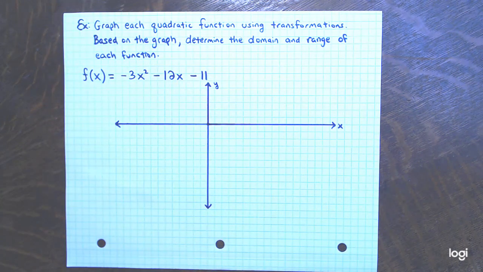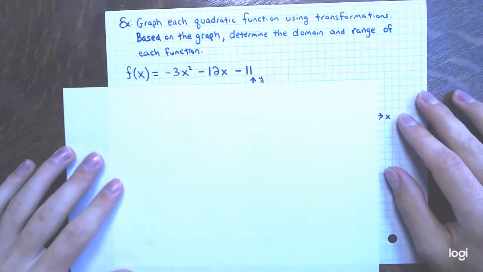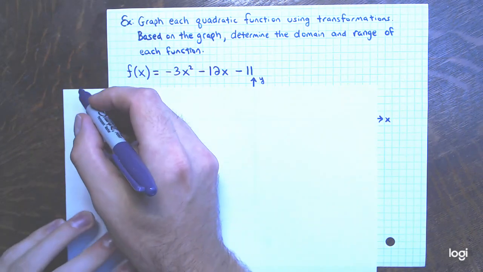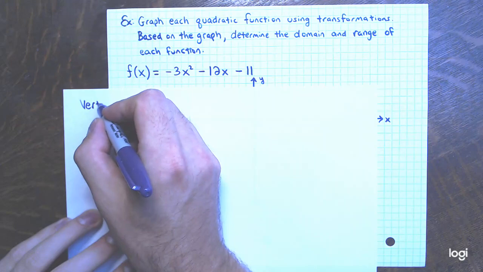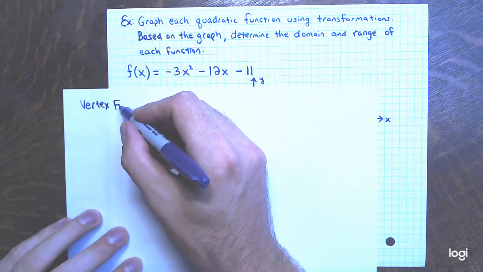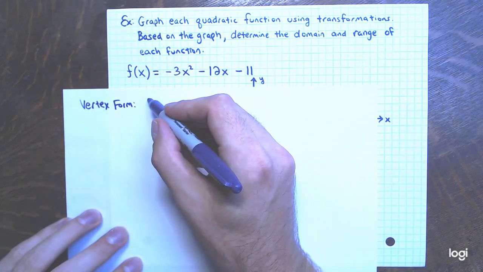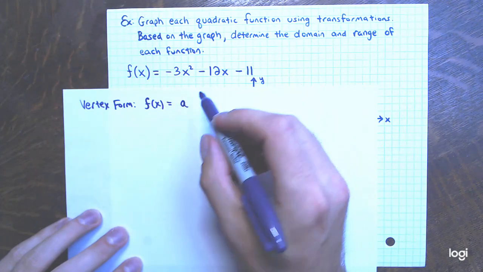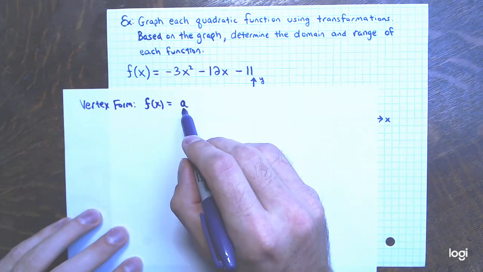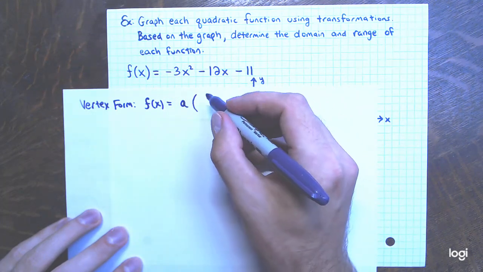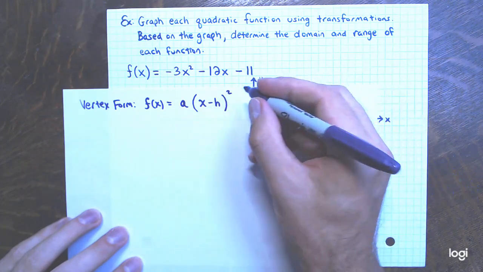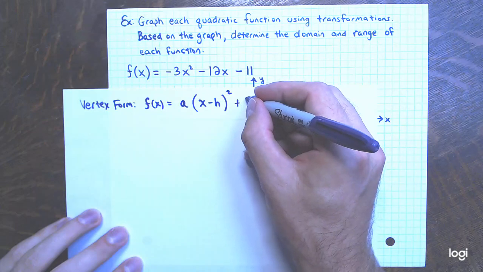Alright, so what I'm going to be doing, as I mentioned on the last page, is I'm going to take that equation, that rule, and rewrite it in that vertex form. I'll write up the vertex form again here: f of x or y equals a, that same a, that's going to be negative 3, times some quantity x minus h to the second power, and then after that plus some number k.